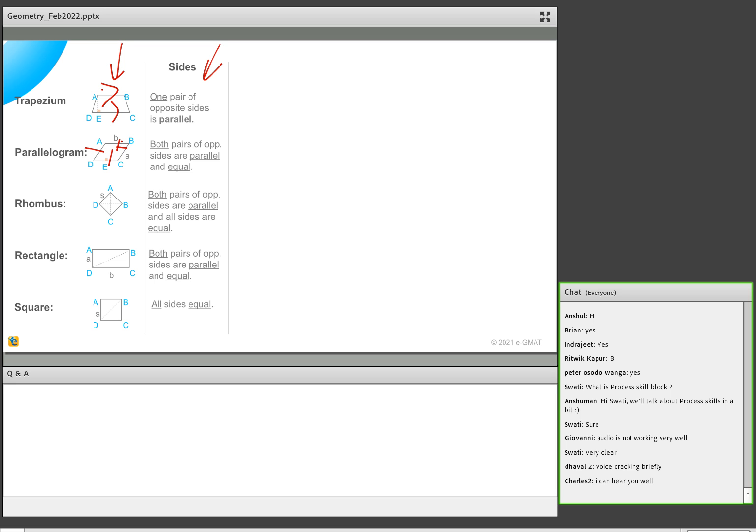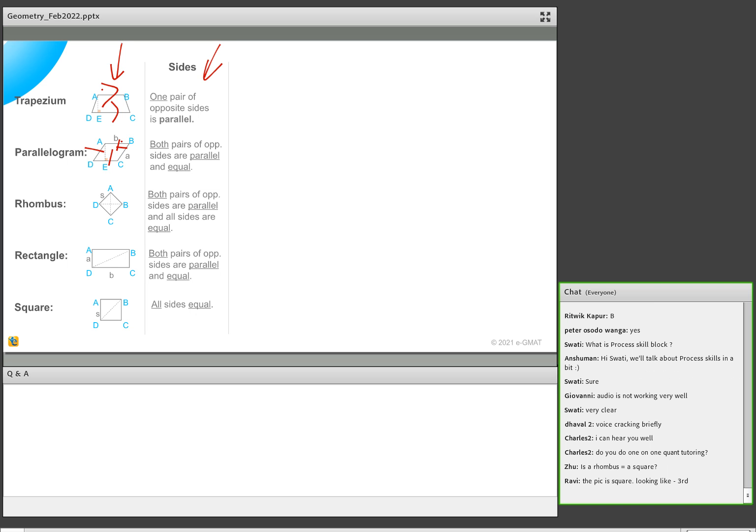It's the case where all the sides are equal, right? So in the case of a rhombus, all the sides are equal and the opposite sides are parallel. You guys know this. Let's come to rectangle. Rectangle, also very clear. Opposite sides are parallel. Opposite sides are equal, but adjacent sides are not necessarily equal.